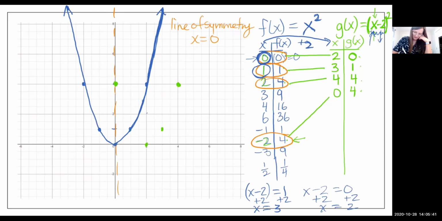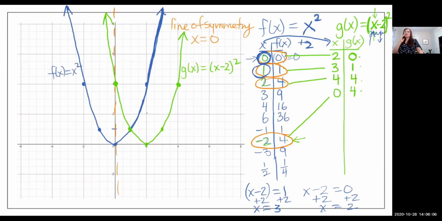And this is probably a point as well. So what happened to my graph? For x minus 2 squared, what happened to the graph in relation to the initial graph that I had? Shifted over by 2 to x.